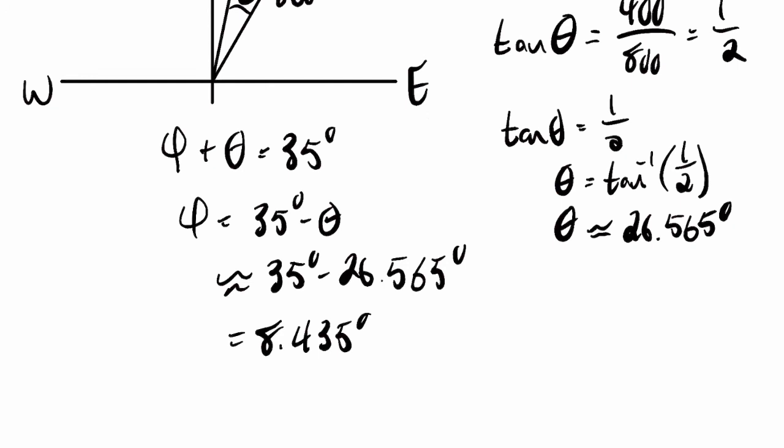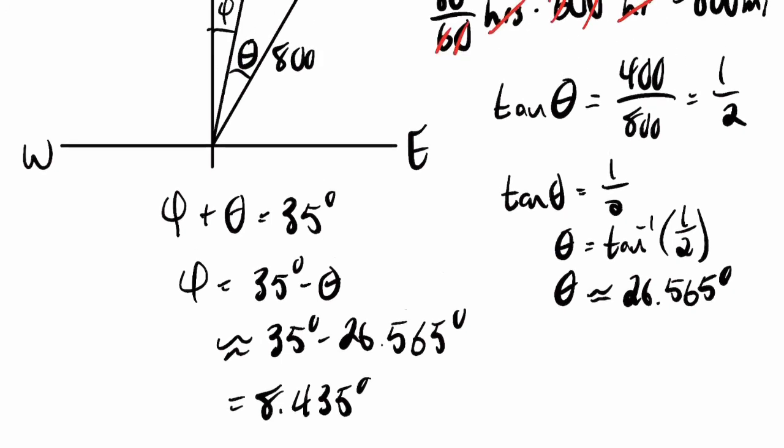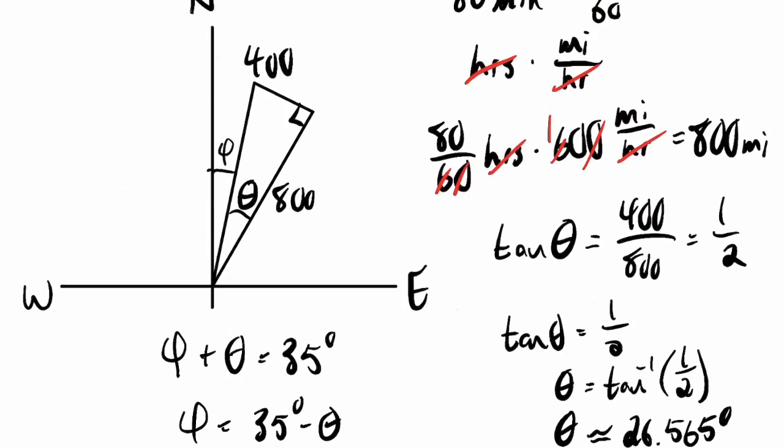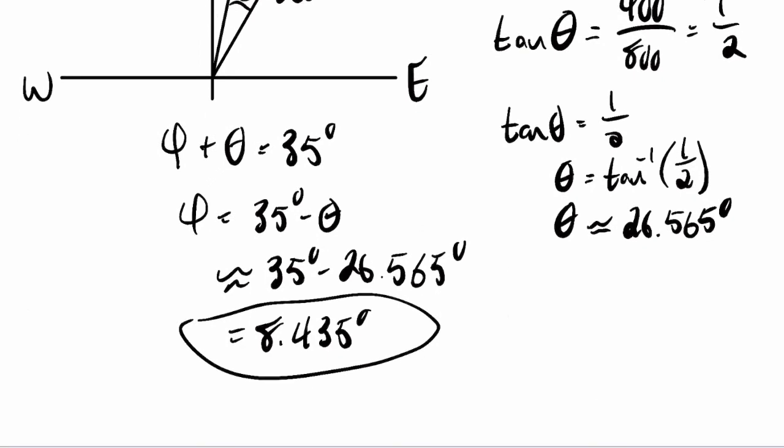Yeah, 8.435. Okay, so this 8.435 is the new deviation from due north. That is the heading out to where they are at the current time after the course correction and after 40 minutes. So that means my result, can you tell me what it is based on that number?